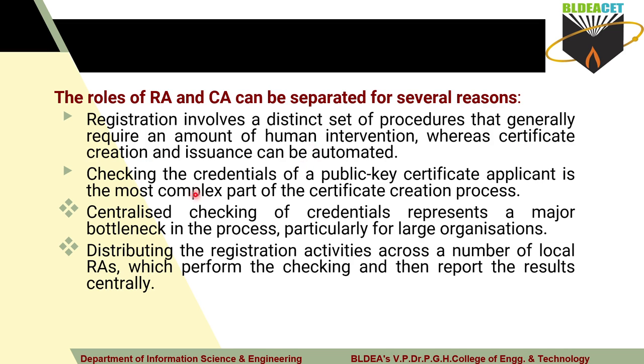And checking the credentials of the public key certificate applicant is the most complex part of the certification process. As I told you, if you want the public key certificate, first you have to apply, that's why you are called the applicant. Applicant credentials are very important because you have to prove your identification. For proving that identification, you require credentials, either a password or some other way.